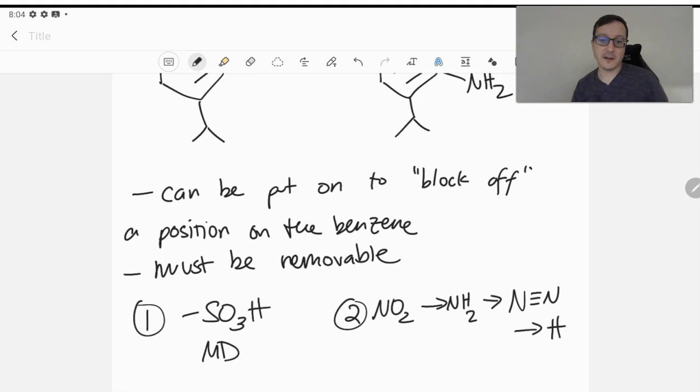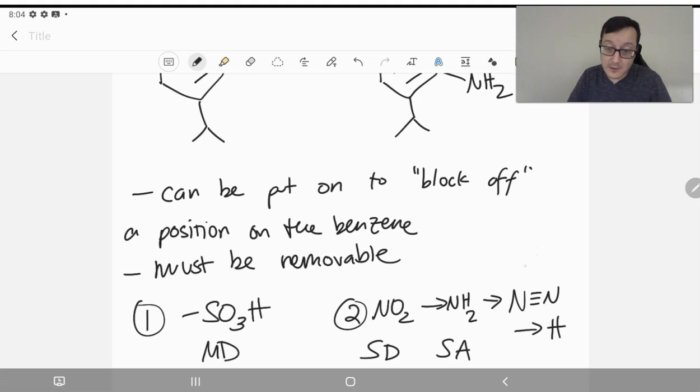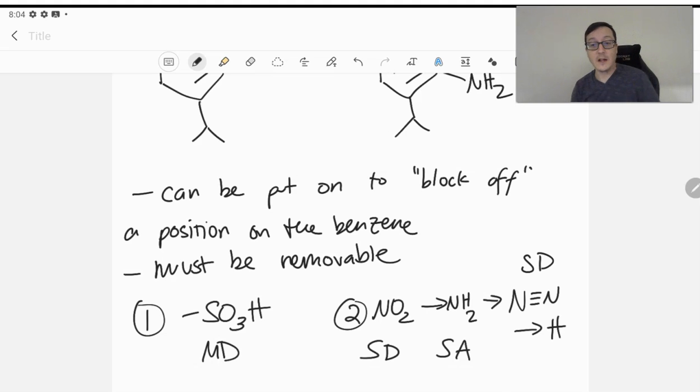It's a little bit more complicated, but the difference here is that sulfonic acid is a moderate deactivator. A nitro group is a strong deactivator. An amine is a strong activator, and a diazonium is a strong deactivator as well, because of that positive nitrogen right next to the ring. Although it's not common that we use that as a directing group, because usually we use Sandmeyer reactions as a stepping stone to get something to something else.